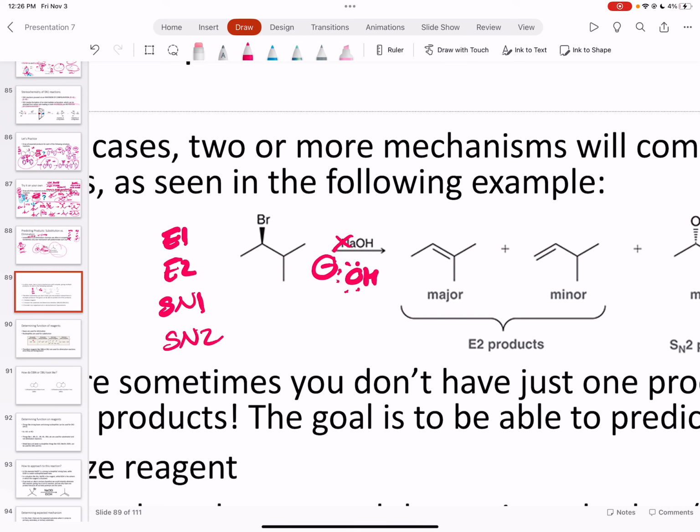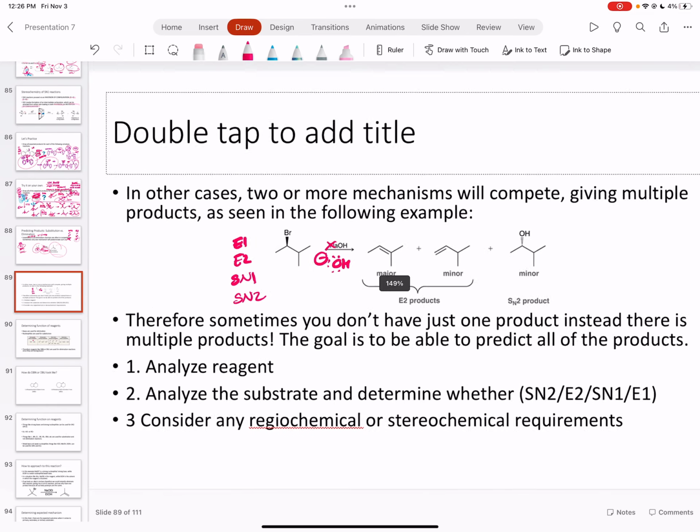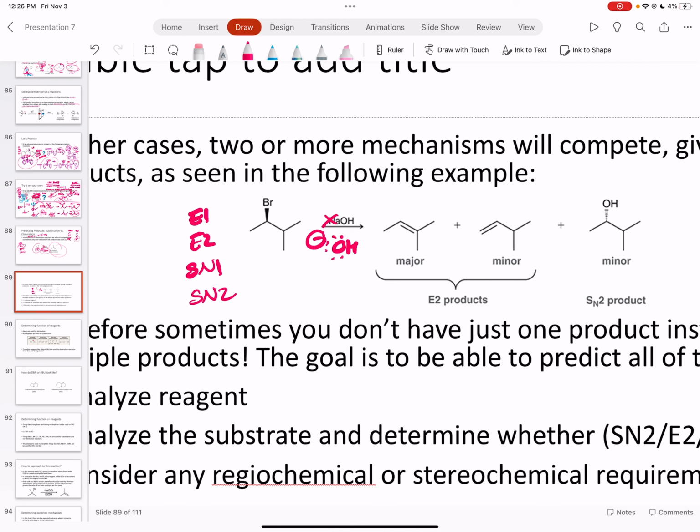Sorry, my pen was getting kind of weird, so I tried to adjust it a little bit. Okay. So this one has a negative charge, right? So E1 and SN1 are out of the way.